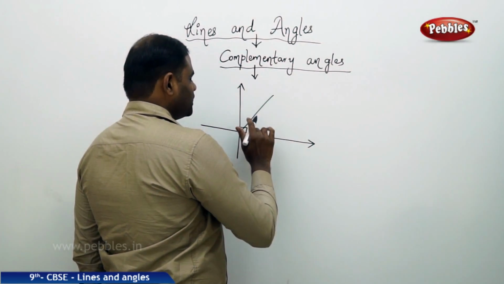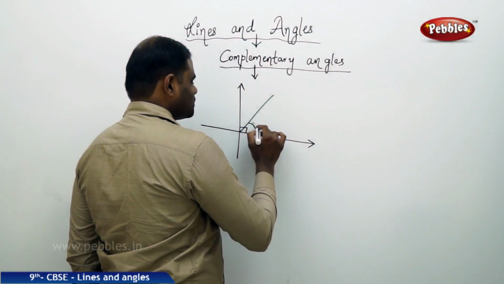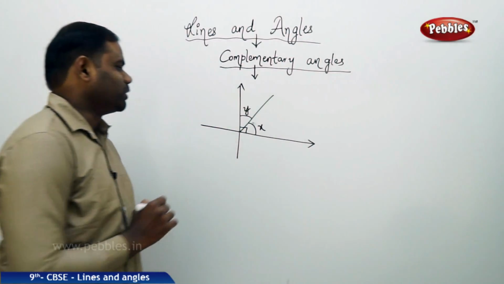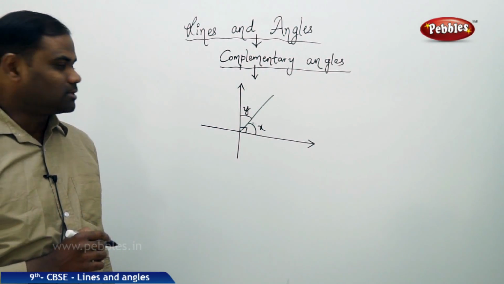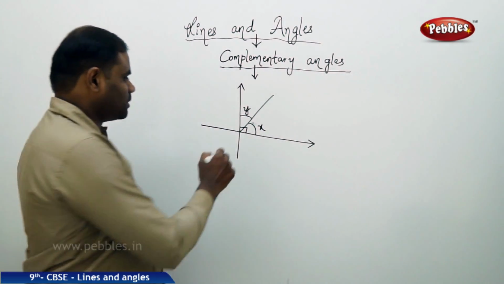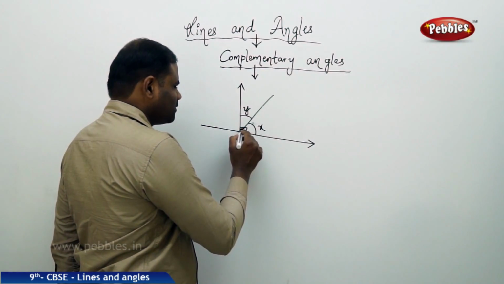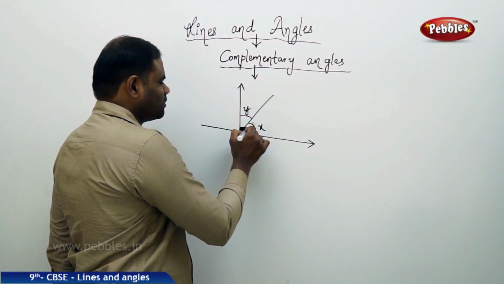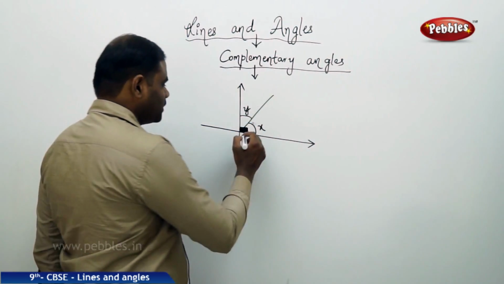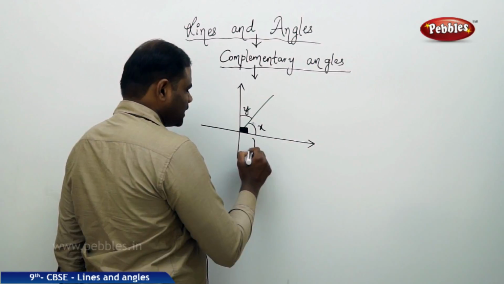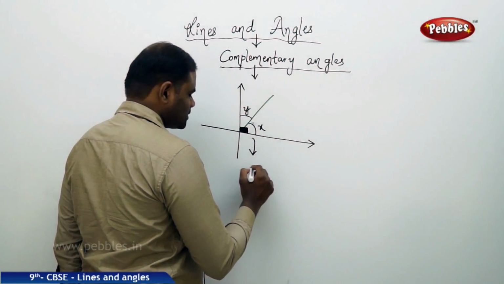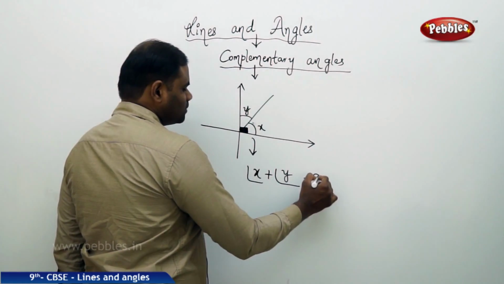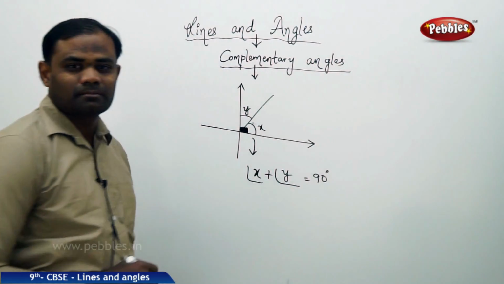There's another line which makes angles x and y with the given perpendicular lines. Now, since we know that the whole line is perpendicular, each angle being x and y, the sum would be 90. Therefore, clearly I can see from this diagram that angle x plus angle y equals 90 degrees.